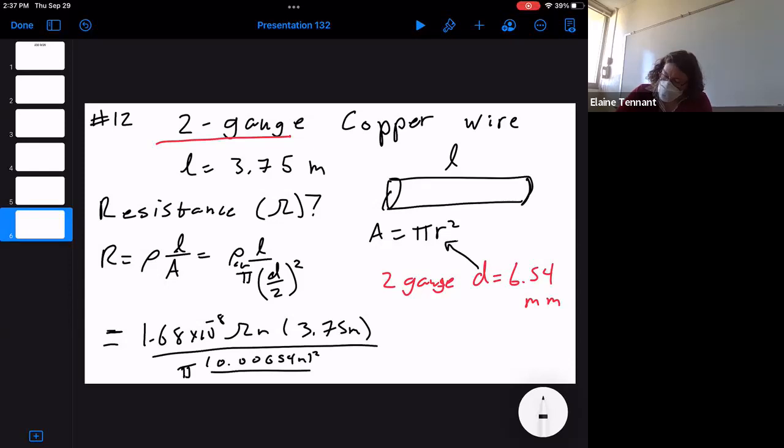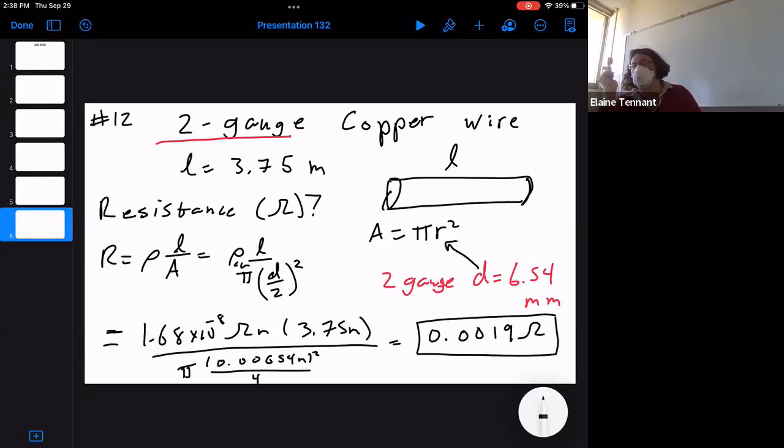And two, we're not going to forget to square the 2 on the bottom there, and that's going to become a 4. And so we'll get 0.0019 ohms.